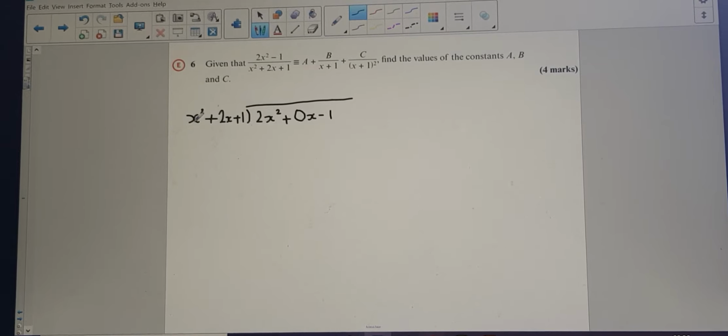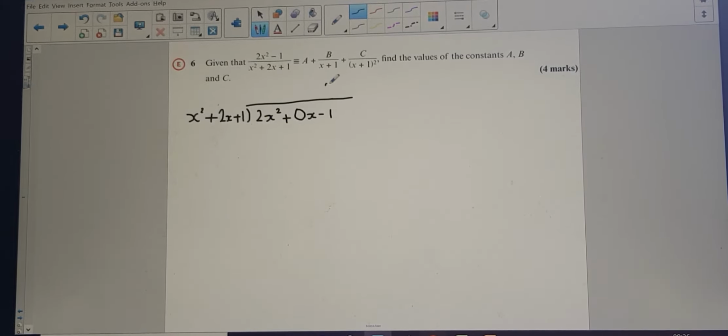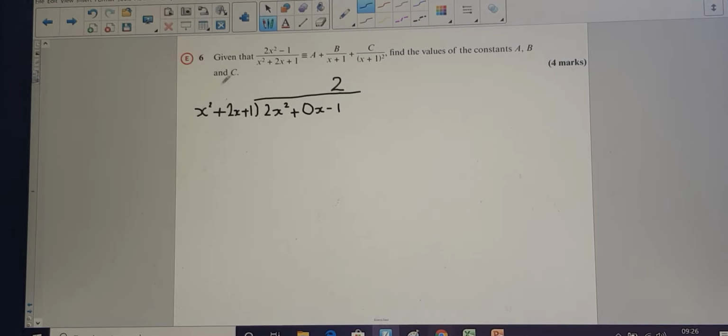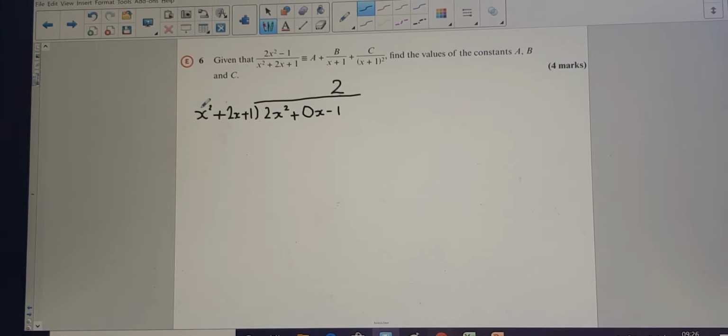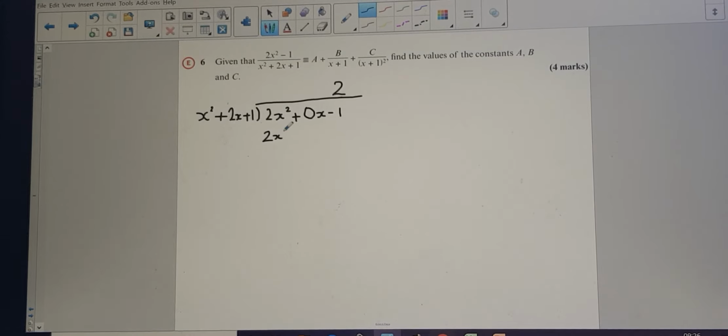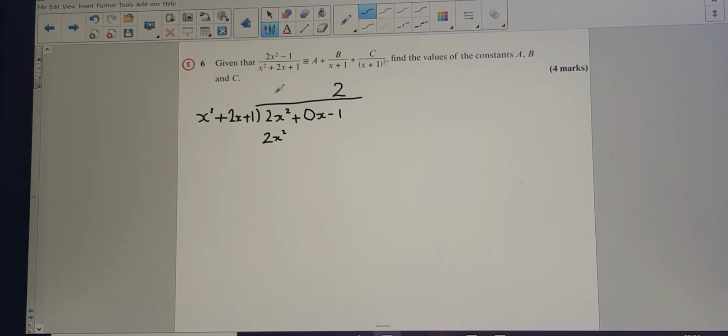Okay, so x² goes into 2x² two whole times. Then 2 multiplied by this is going to give me 2x². 2 times 2x is going to give me positive 4x. 2 times positive 1 is going to give me positive 2.